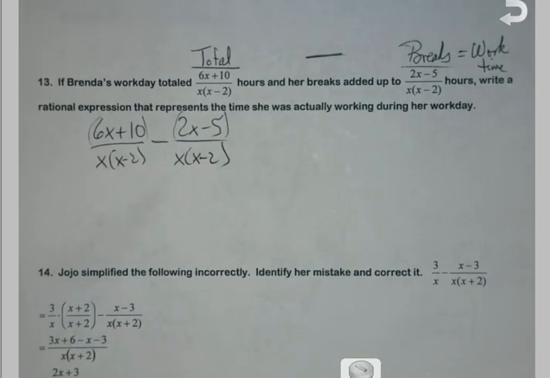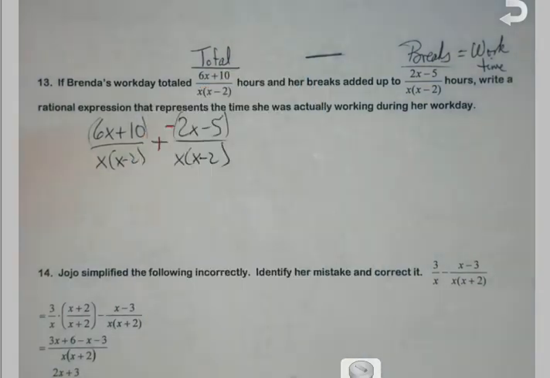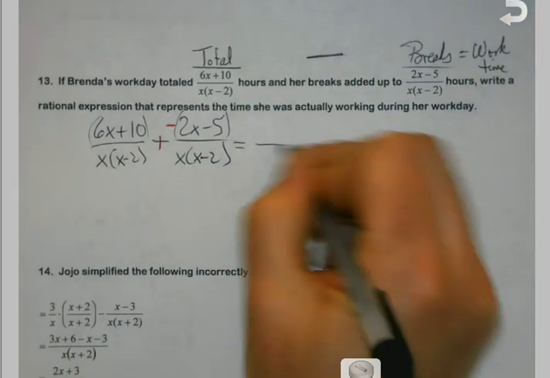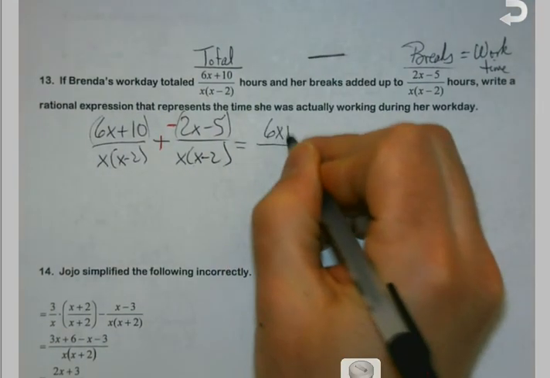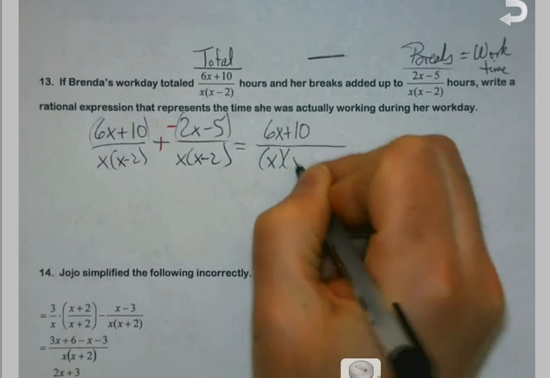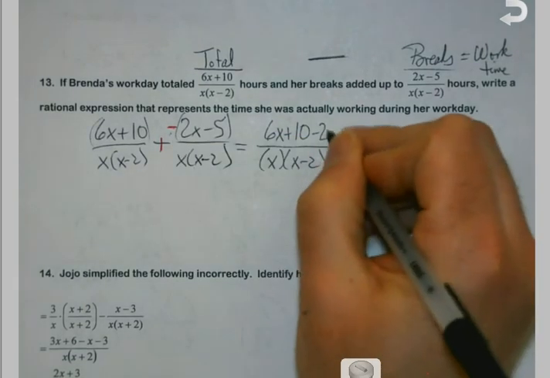Nicer thing, I even have an LCD already. This is great. Like we did on the other problems, when I get minus, I'll put that up here to remind me that distributes through. The parentheses will help me distribute all the way through. So nothing fancy on the first one. Here I've got to distribute my negative.